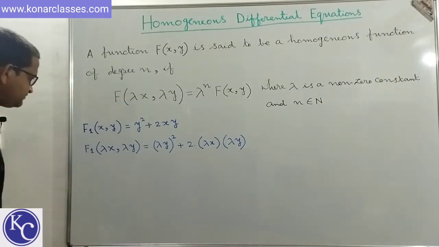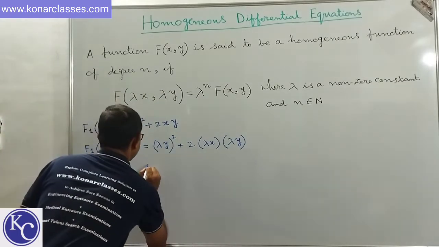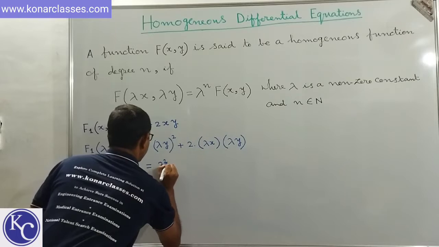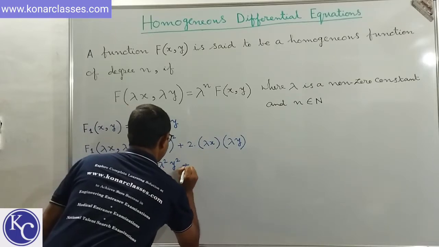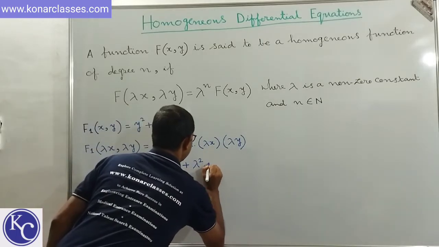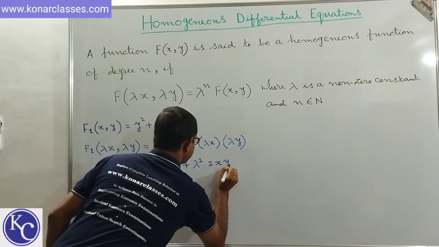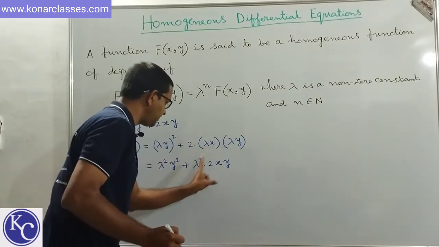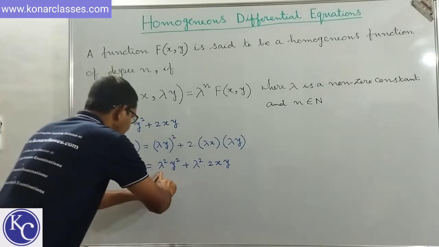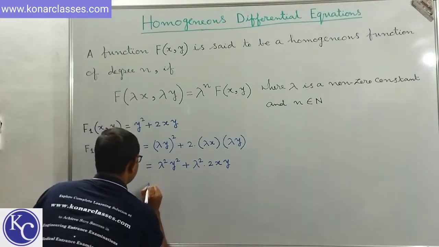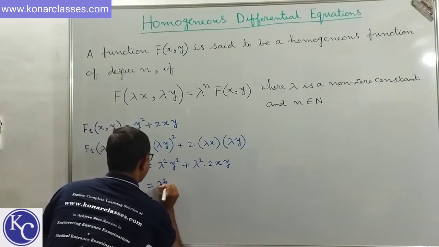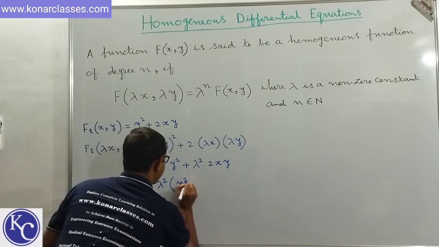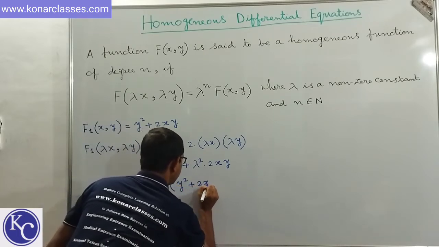Correct? So from here what we get, dear students? λ square into y square plus λ square into 2xy, because from here one lambda becomes lambda square. Now from these two, what we can write? So this is equal to λ square into (y square plus 2xy).